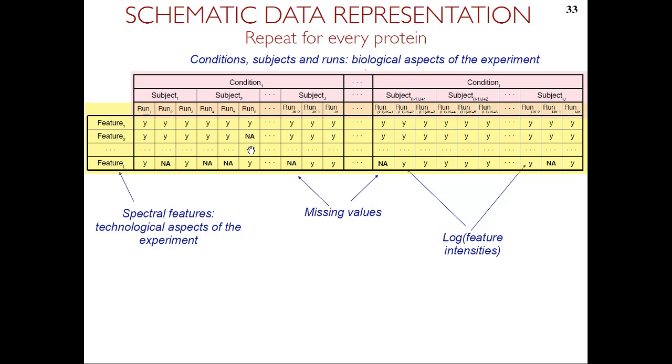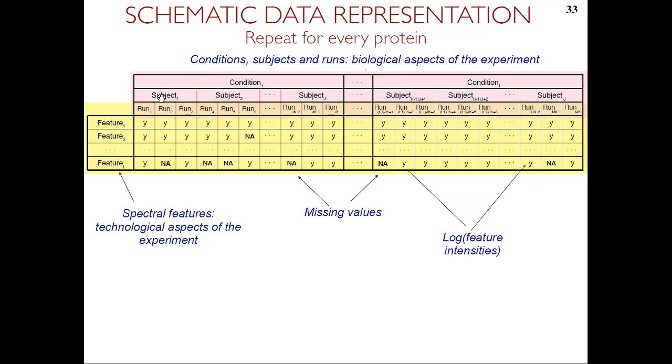So now this is what happens. This is a representation of a data set for one particular protein. Columns are the runs and rows are the features. The columns are really the biology that we're interested in. Here we have different conditions. Within each condition we have different subjects.